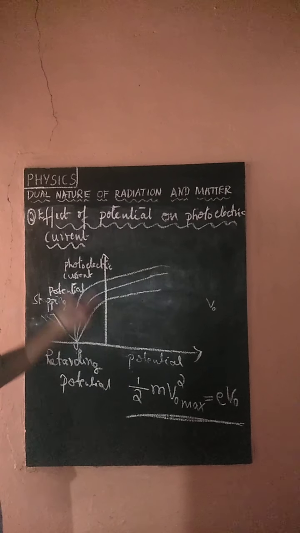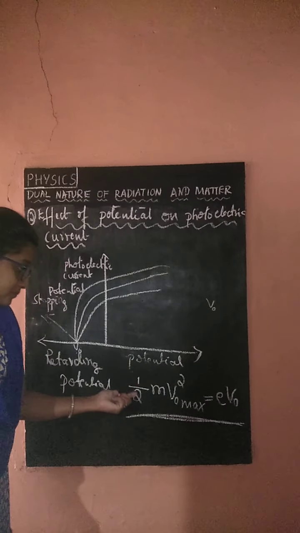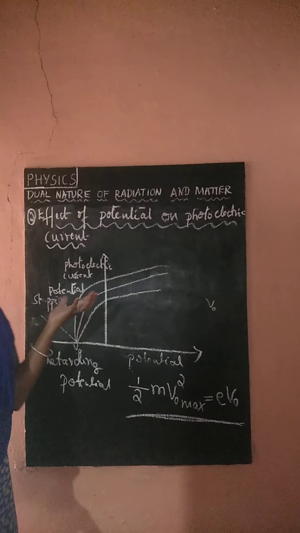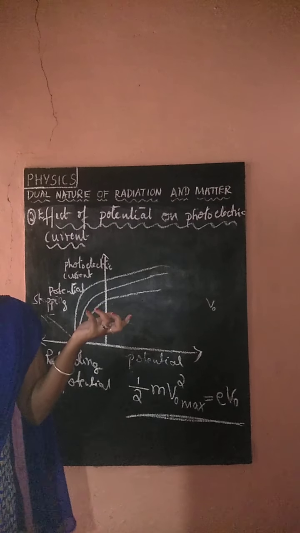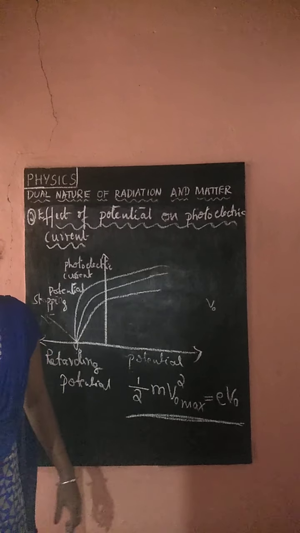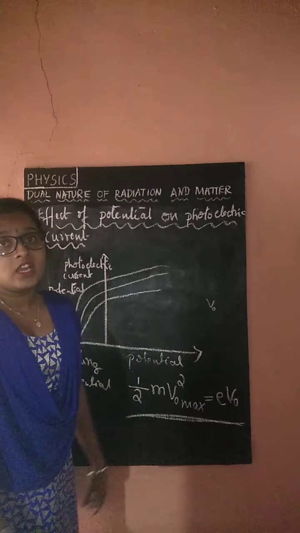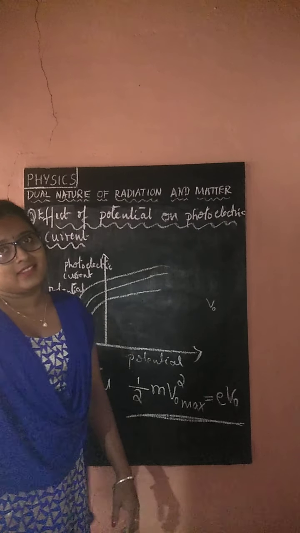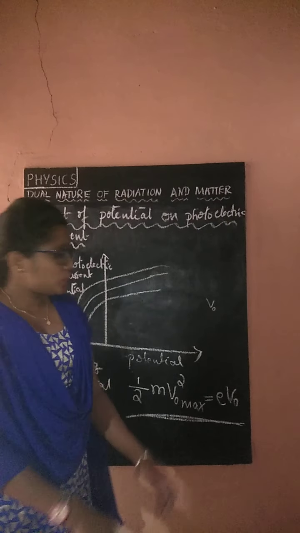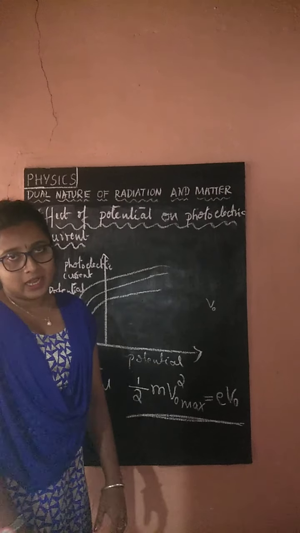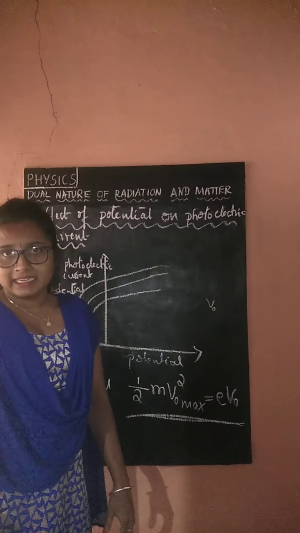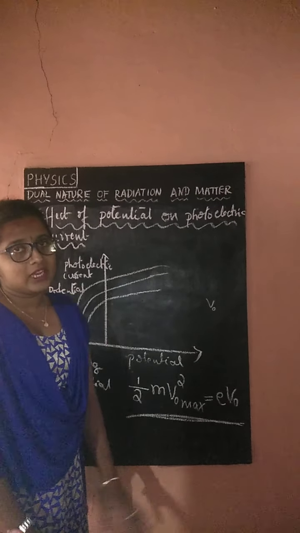Here, if you increase the intensity of the incident radiation for a specific incident frequency, this stopping potential does not depend on the intensity of the incident radiation. So it is independent of the intensity.